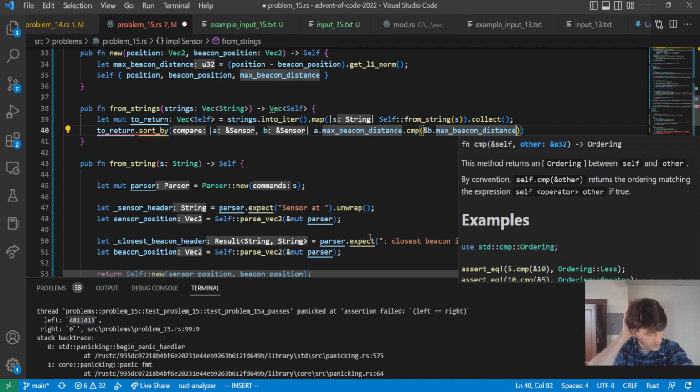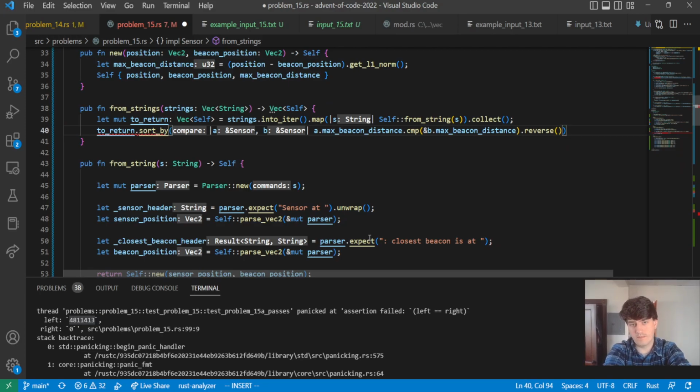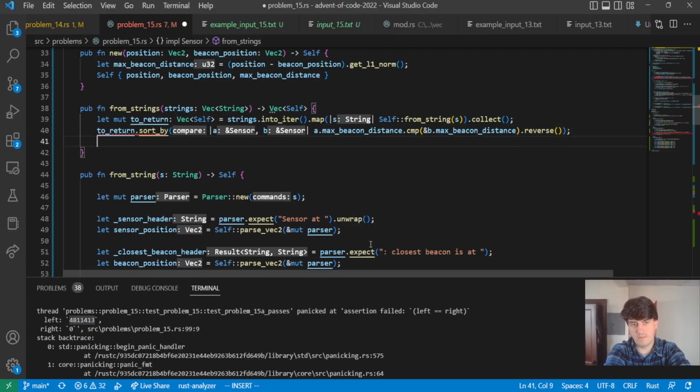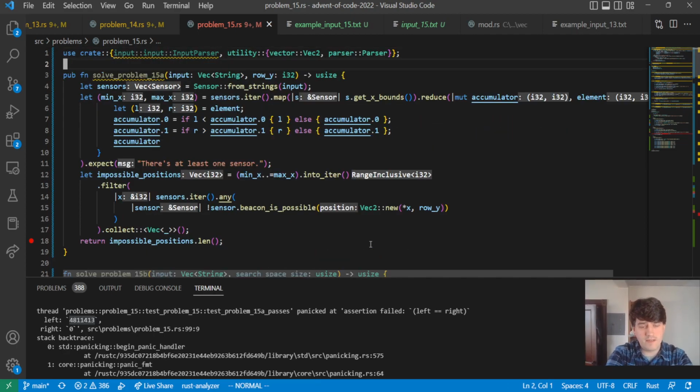And we want to sort descending, because we want to hit those first. Okay, that's right. So that's one thing.